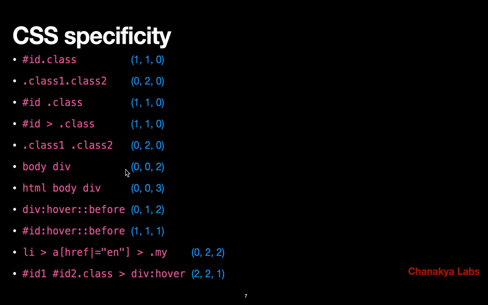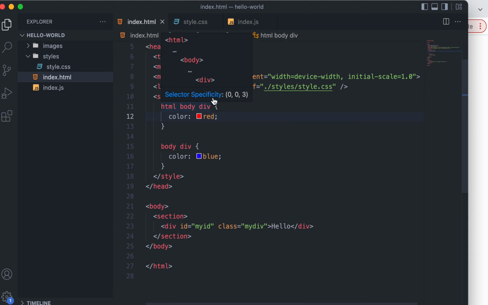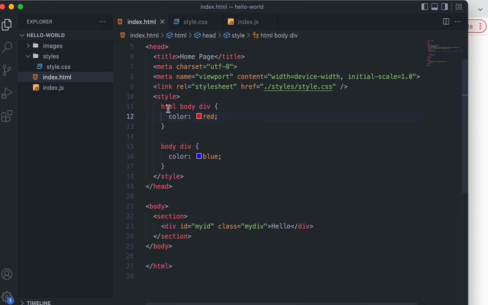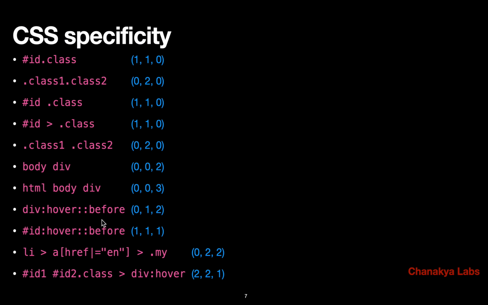And so it is 002, 003, and again, if you have something complicated, a simple thing is that you can simply hover and see the specificity in VS Code rather than calculating on your own. But you can calculate on your own also very easily.